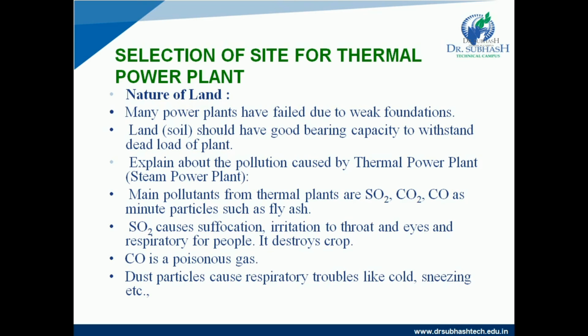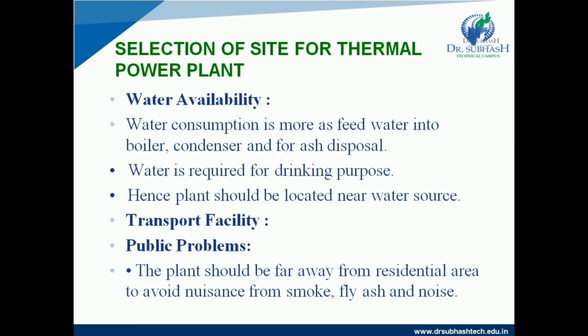Availability of water is also important. Water consumption is high as feed water into the boiler, condenser, and also for the ash disposal, right? Water is also required for the drinking purposes of the staff who are working in the thermal power plant.